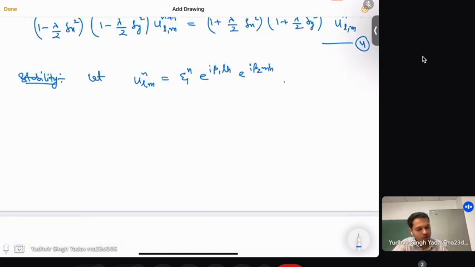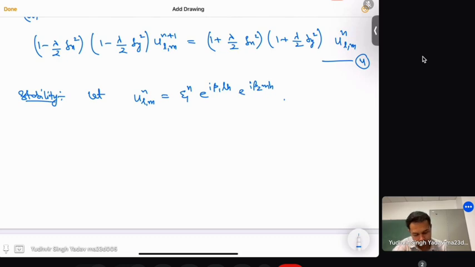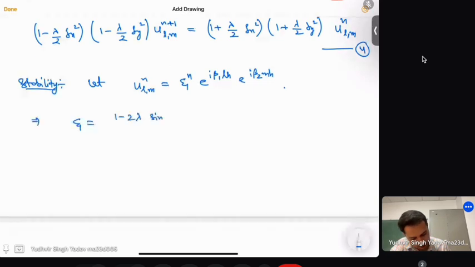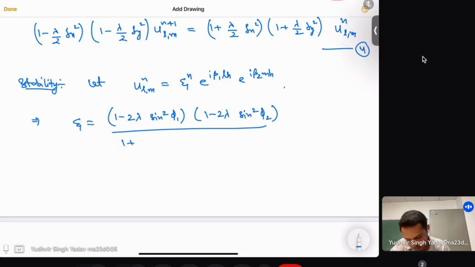When you substitute this form of solution in equation number 4 and simplify, we will have the amplification factor xi as 1 minus 2 lambda sine square psi 1, 1 minus 2 lambda sine square psi 2 divided by 1 plus 2 lambda sine square psi 1, 1 plus 2 lambda sine square psi 2.